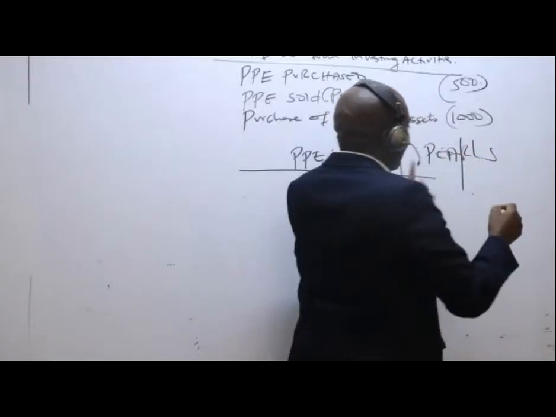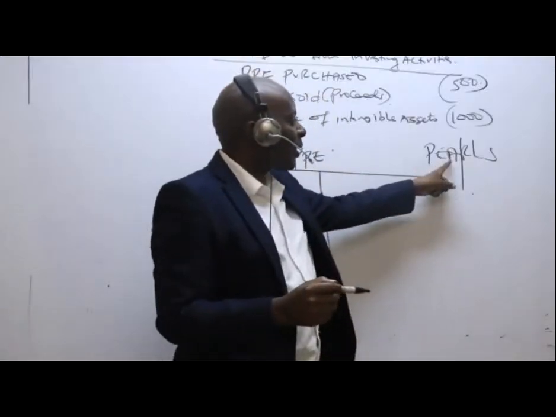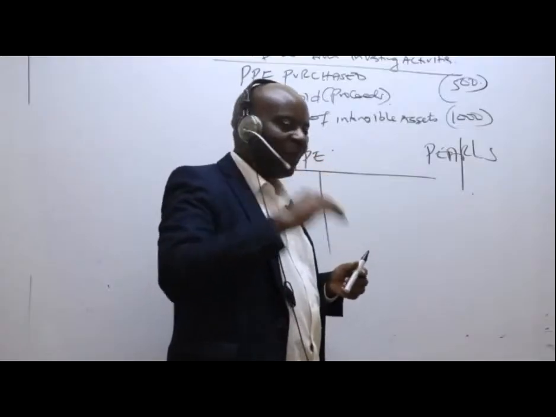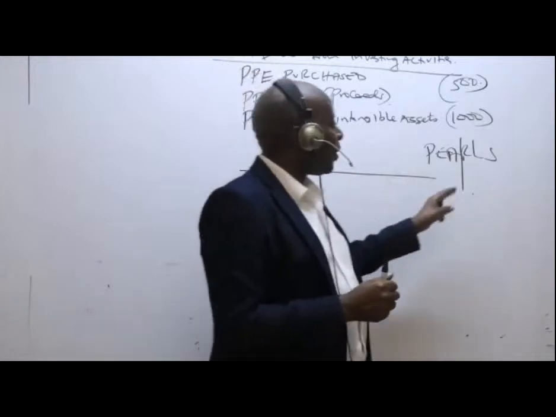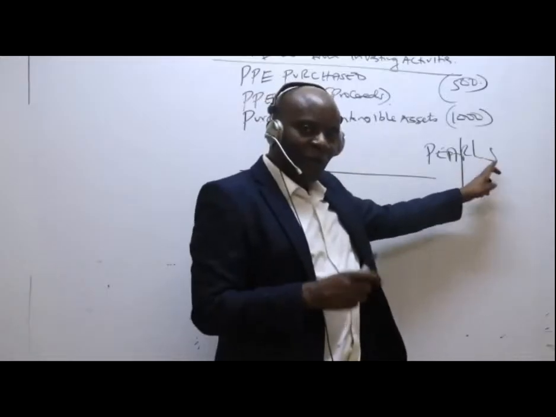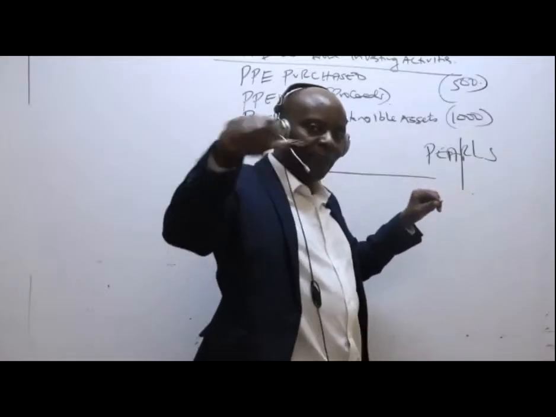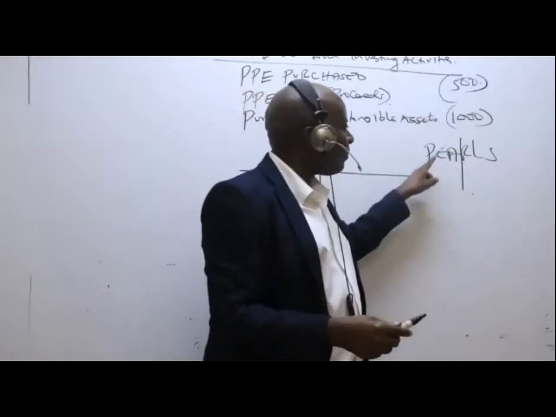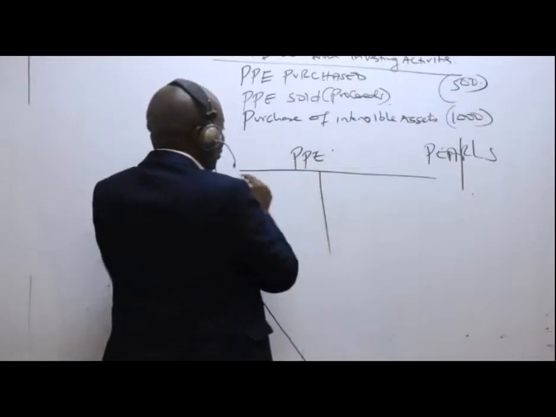If you remember this acronym of debiting and crediting: purchases, expenses, assets, whenever they increase, debit. On the credit side, we have revenues, liabilities, and share capital. So when we go to financing, you will see us talking of share capital. The share capital account balance brought down will be on the credit side. These are assets, so we must bring the balance down on the debit side.